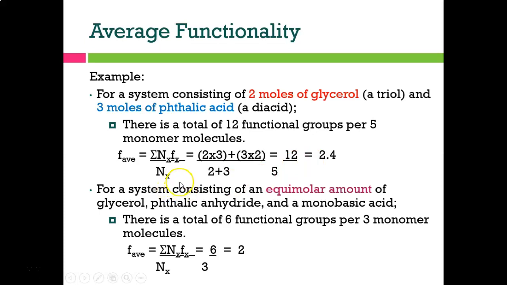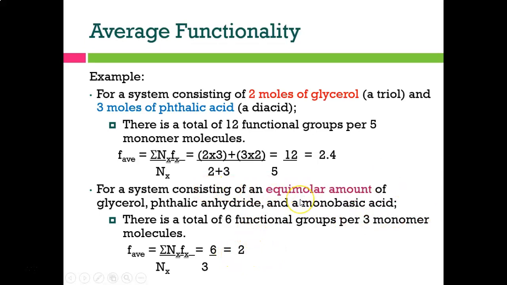For a system that consists of an equimolar amount of glycerol, phthalic anhydride, and a monobasic acid, with 3 monomers there is a total of 6 functional groups per 3 monomer molecules. Divide 6 over 3 and you get 2.